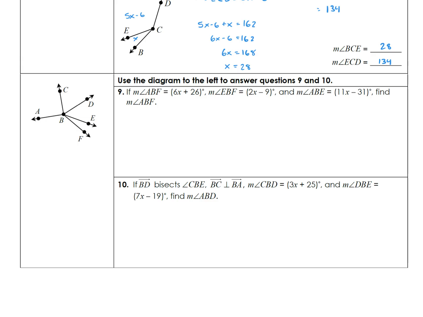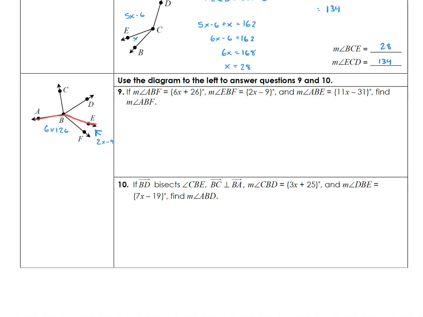So in number 9, we have ABF is going to be 6x plus 26, and EBF is going to be 2x minus 9. There we go. And ABE is going to be 11x minus 31. So in case you can't see it, ABE is the big angle right here.